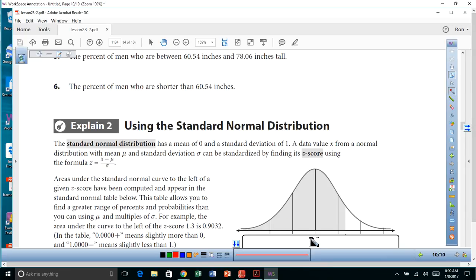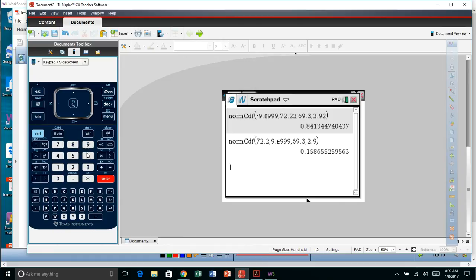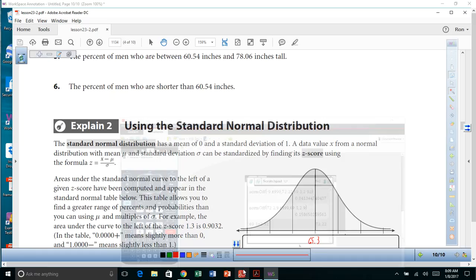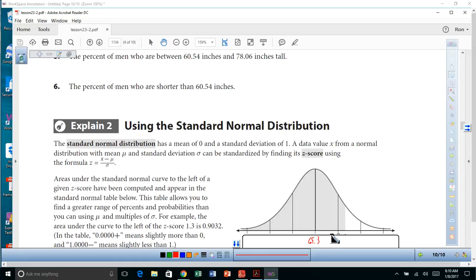So that's going to be 69.3. And then 69.3 plus 2.92, that gives me 72.22. Is that right?